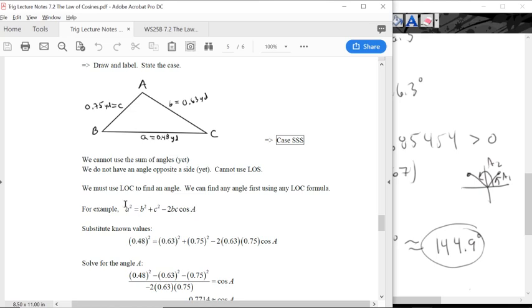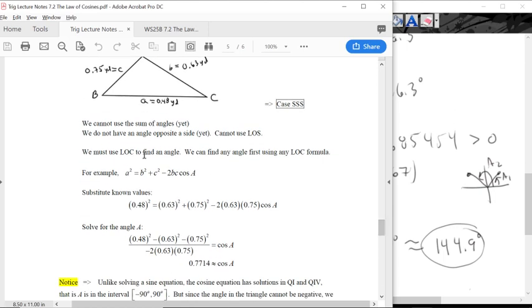So you would be isolating c squared over here, all the a's and b's would be here, and angle C would be here. Okay? And it would work. You should be able to get that to work. So you plug in all the numbers that were given for the side lengths. The angle, in this case angle A, is the one variable we're solving for right now. Okay? And then you go to the calculator and you calculate all this.